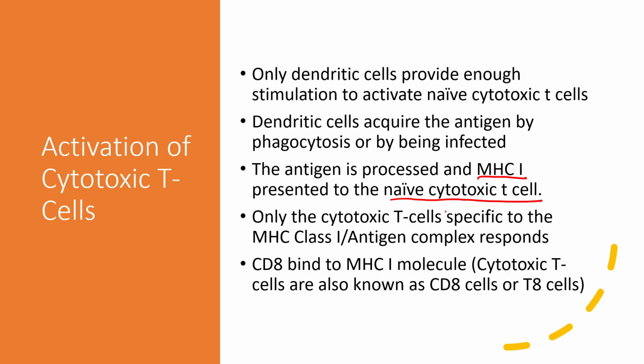Only cytotoxic T cells specific to the MHC class 1 antigen complex respond. CD8 now binds with the MHC1 molecule. So in our B cells and our helper cells, it was CD4. For our cytotoxic T cells, it is CD8. So cytotoxic T cells are actually called your CD8 or T8 cells.